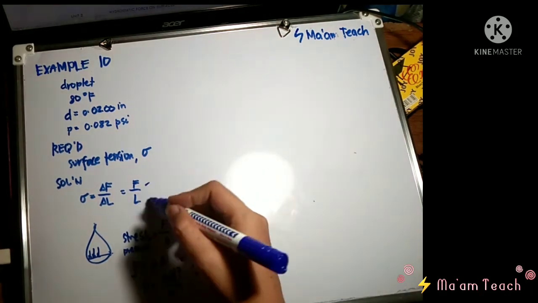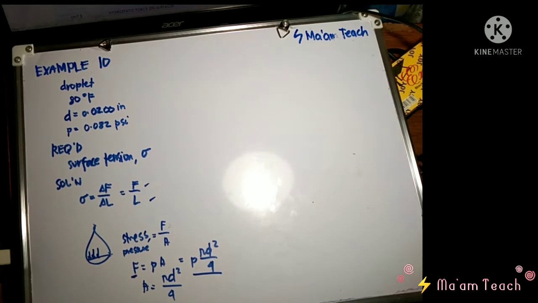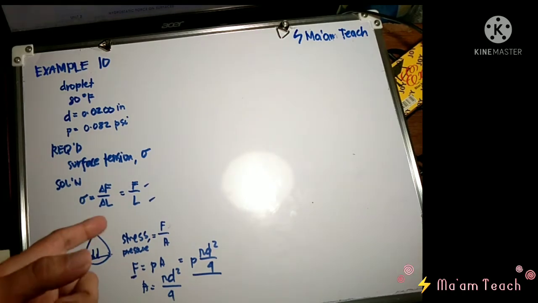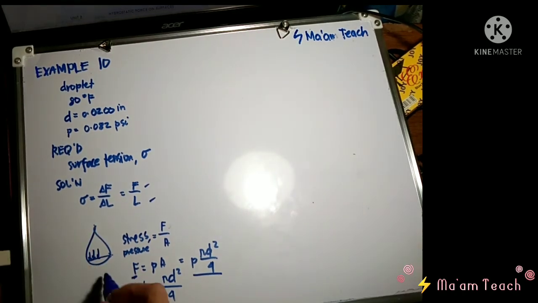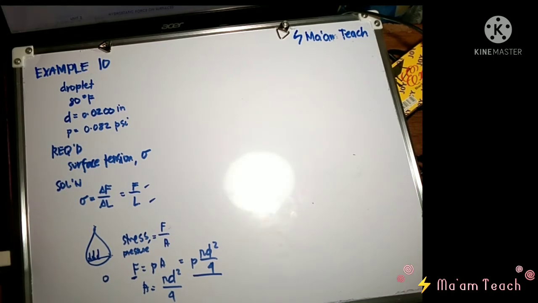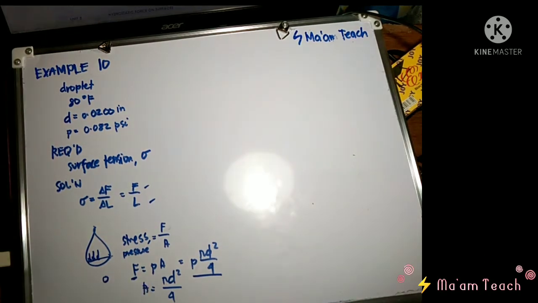Now, how about for the length? How are we going to determine the length of our droplet? If you could observe, like we have said, it is somewhat circular, or let's say the droplet is just like this. This figure is like it has just come out of its source, no? But usually the drop is circular. So, how are we going to determine the length of the drop or droplet?